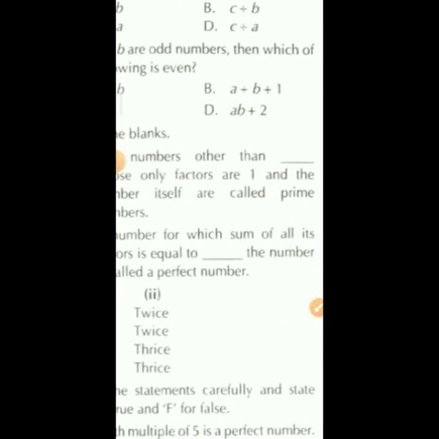So our first fill in the blank was 1 and then it was twice. Let's search. B matches up. So B is the correct answer.